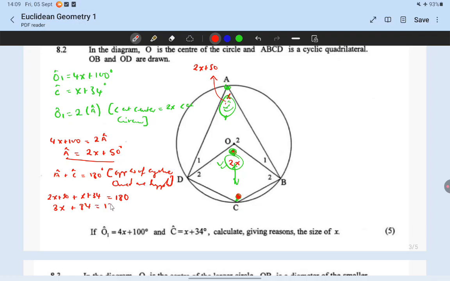This should be 180 degrees. So taking 84 that side, our 3x will be equivalent to 180 minus 84. I'm sure that will be 96 degrees. Now we can divide by 3. So our x becomes, if we divide by 3, 32 degrees.